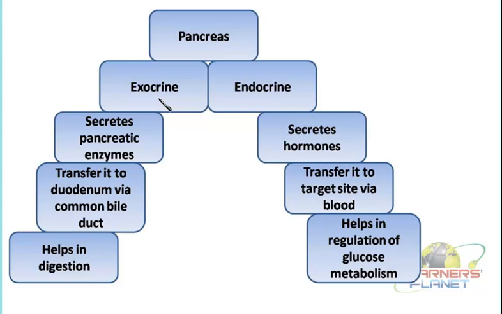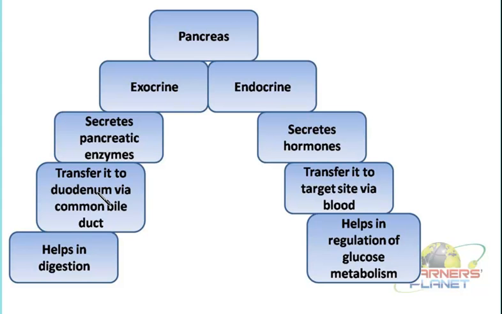The duct is not only a connection between the pancreas and the small intestine, but it is also connected with the liver. This is why the liver is also shown in the previous diagram. So liver and pancreas both secrete their juices and transport them to the small intestine. Which part of the small intestine? That is the duodenum. So the duodenum is receiving a common bile duct in this aspect.